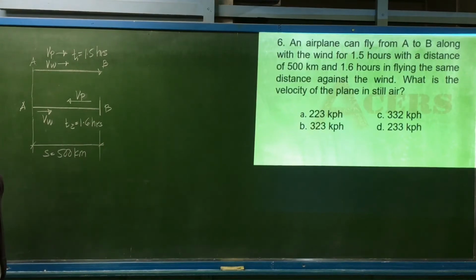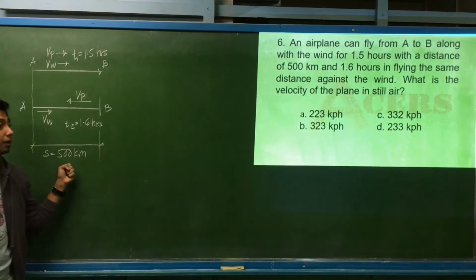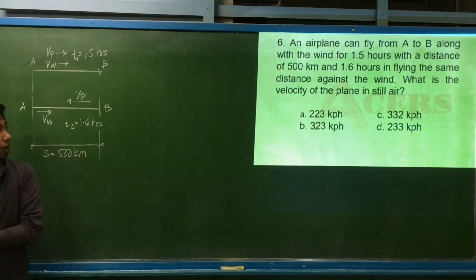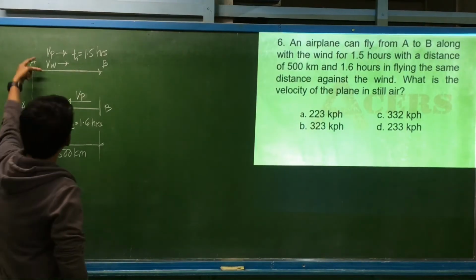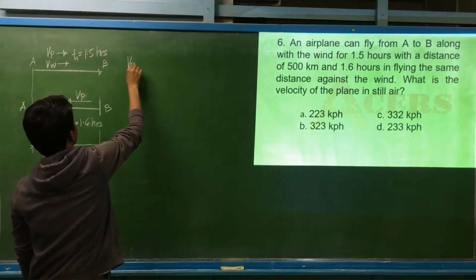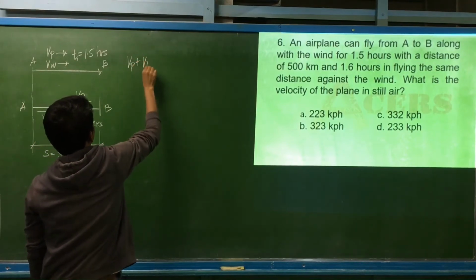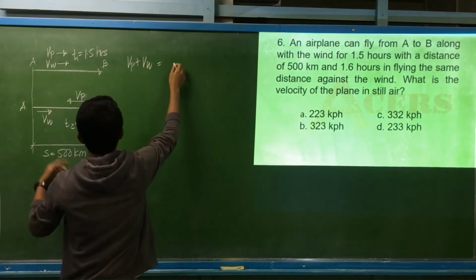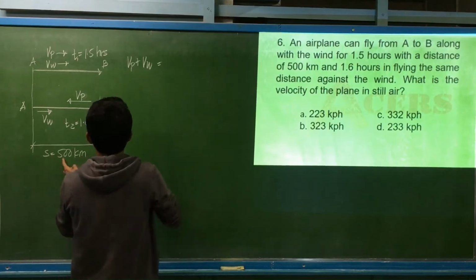So 1.6 hours, implying the same distance, 500 kilometers against the wind. What is the velocity of the plane in still air? Our first case is the same direction: velocity of the plane plus velocity of the wind is equal to the distance over time. What is our distance?